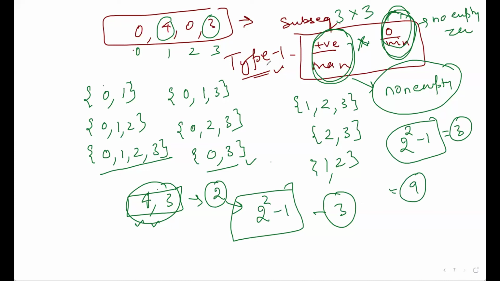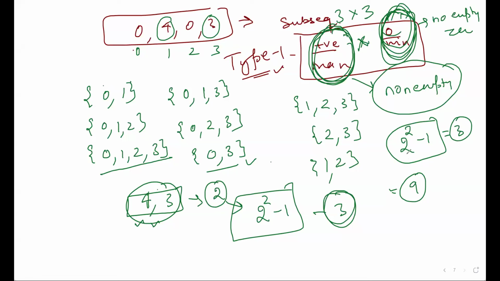In type 1, you need at least one positive value and at least one zero value. Zero will act as the minimum and the positive value will act as the maximum. So the total number of subsequences is the product of the non-empty counts, individually.